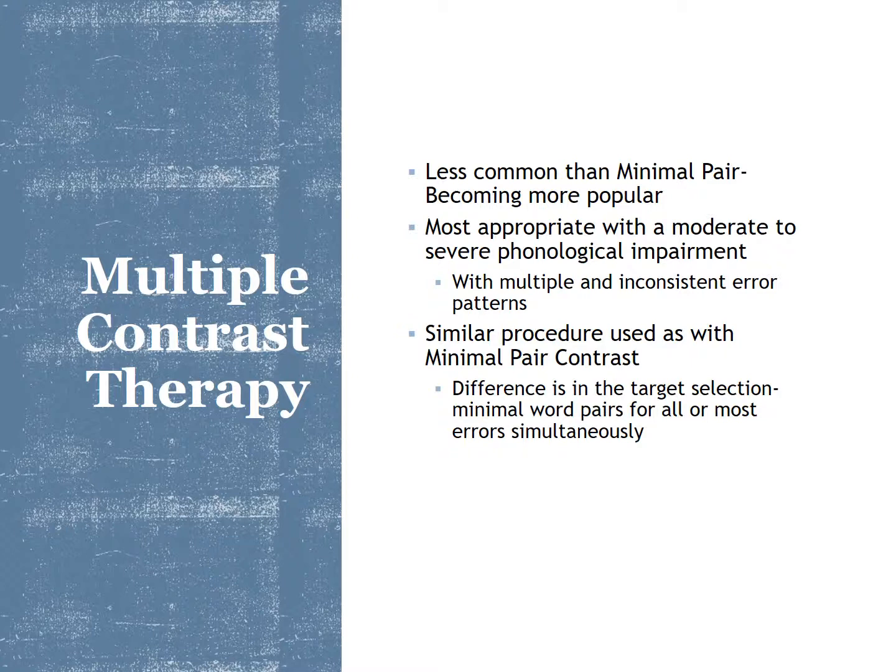Here you follow the same procedures, just like you did with the other 2 approaches, but once again, the main difference is in the target selection. So within this approach, you target all or as many as you can of the child's errors simultaneously.